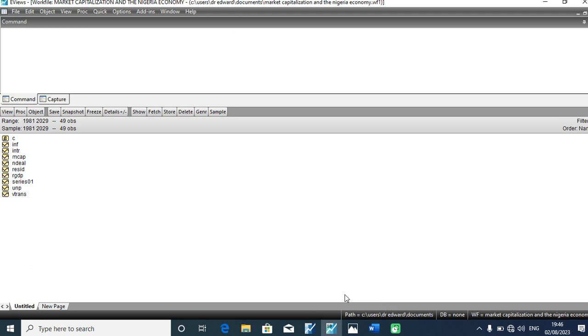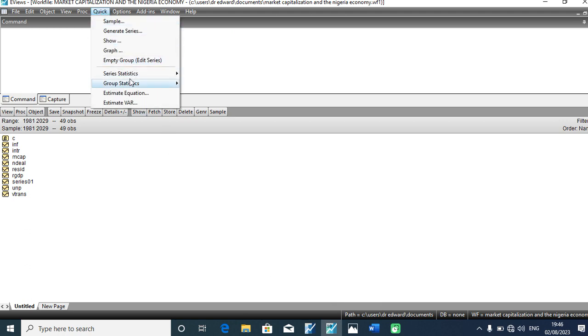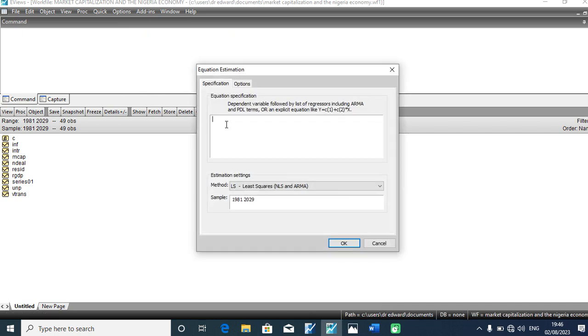So if you want to generate an ARDL result, like I have said previously, you go to Quick, move on to Estimate Equation, come over to the equation estimation box, and specify your model. We have the log value of RGDP, the log value of MCAP, the log value of NDEAL, the log value of VTRANS, and we have interest rates.